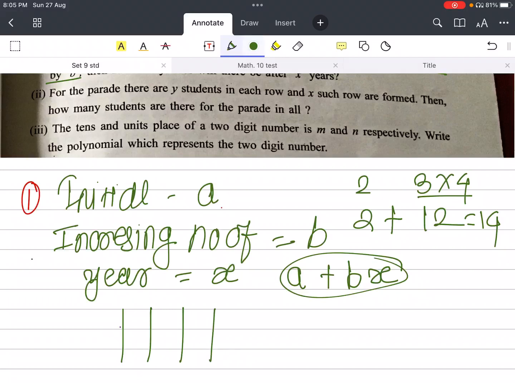In that parade we are standing in vertical lines. Sorry, in rows. So how many rows are there? Suppose X rows are there, and in each row there are Y students.